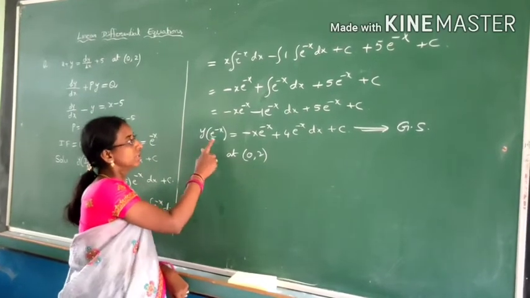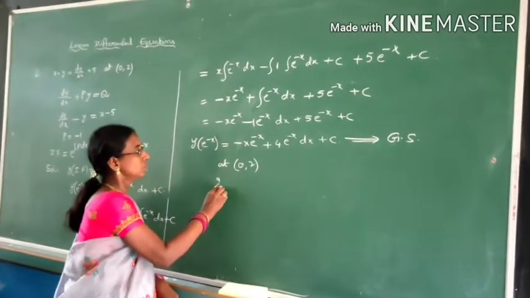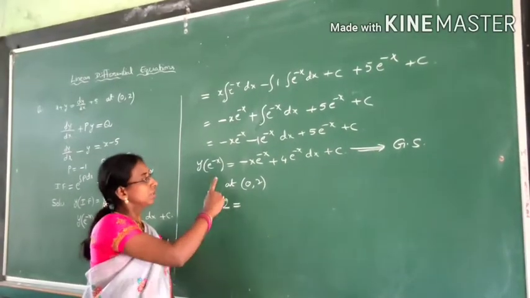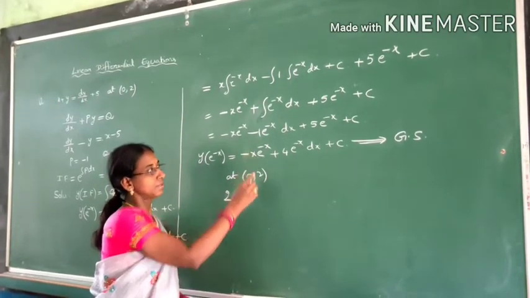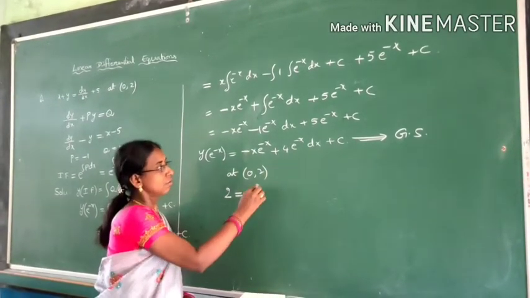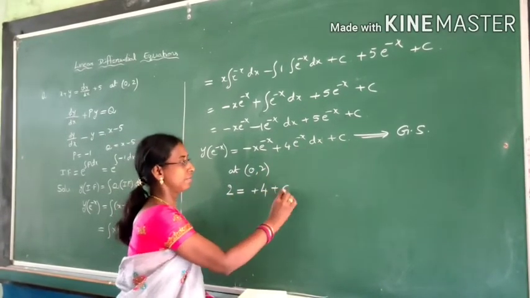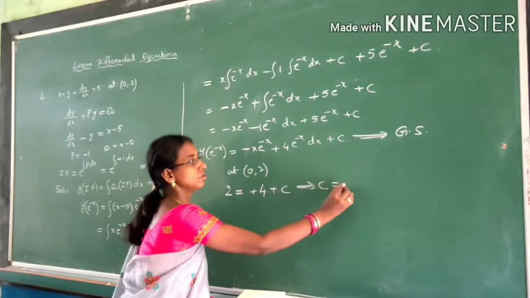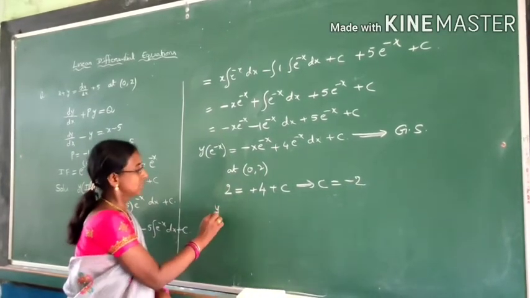So we are going to get e to the power 0, which is 1, and the y value is 2. So 2 is equal to, x value is 0, so this becomes 0 plus 4 times e power 0, which is 1, plus c, which implies c is equal to minus 2. Substitute c equal to minus 2 in the general solution.